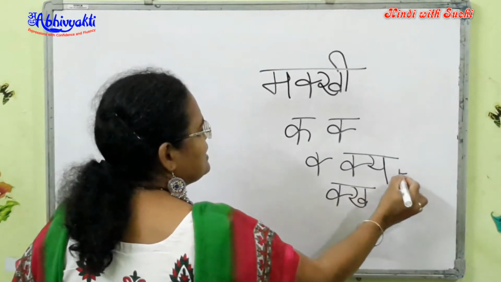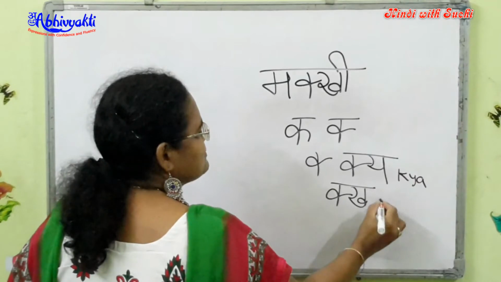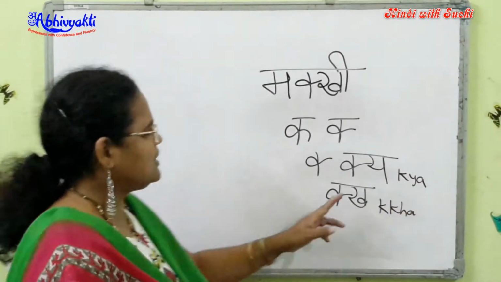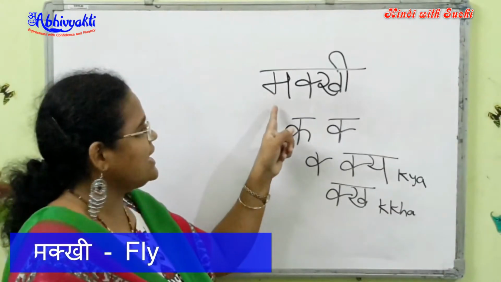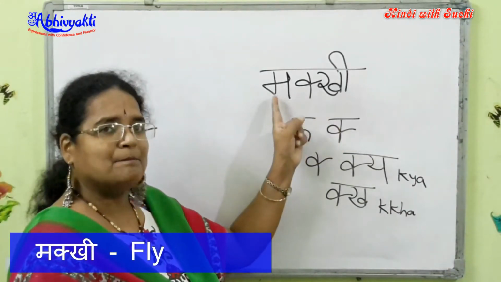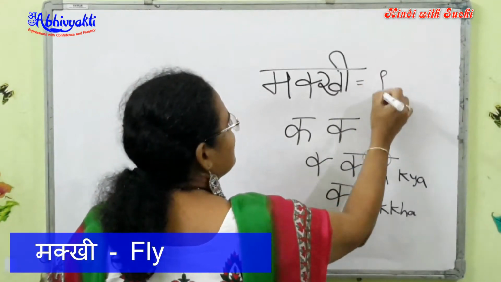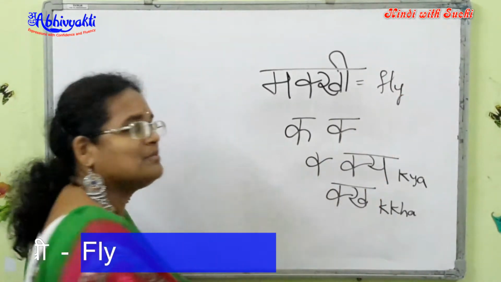So this gives me kya. So I have makhi. Makhi is a fly. A house fly is called a makhi.